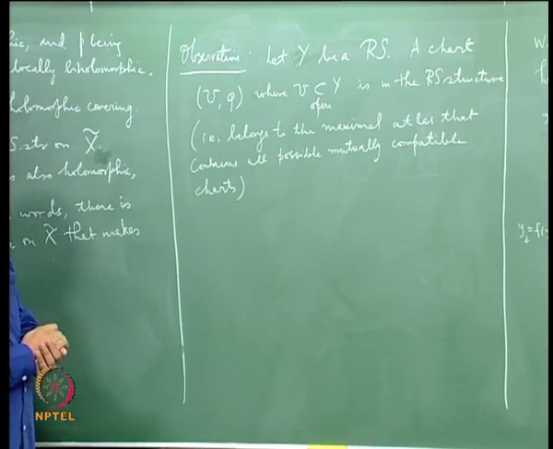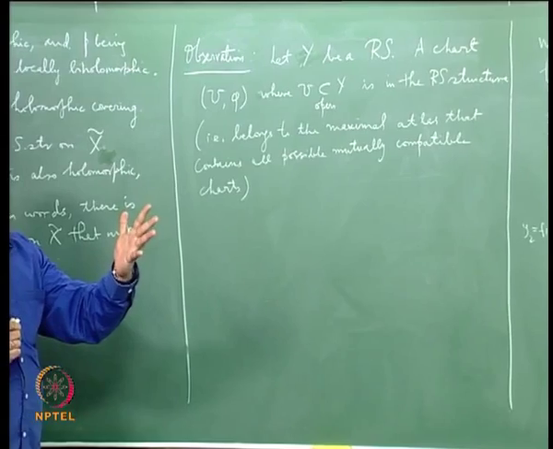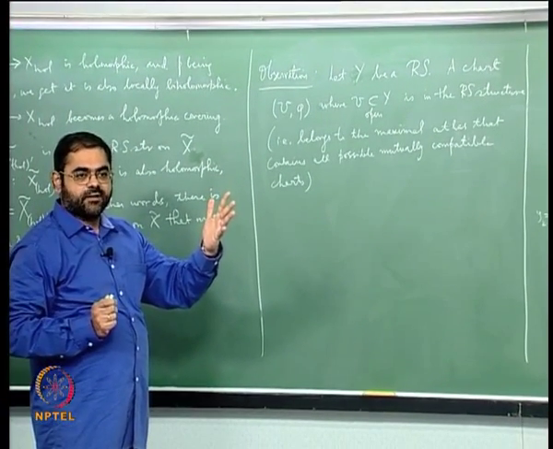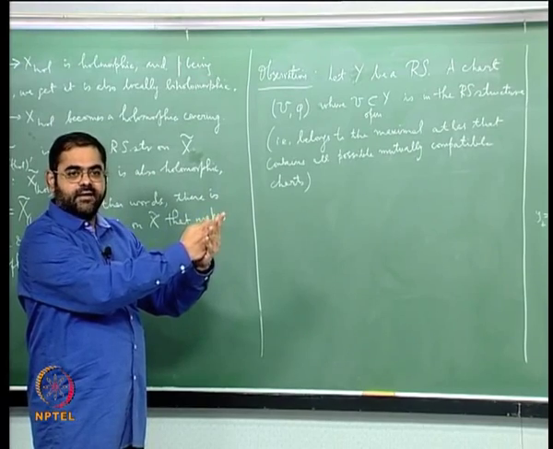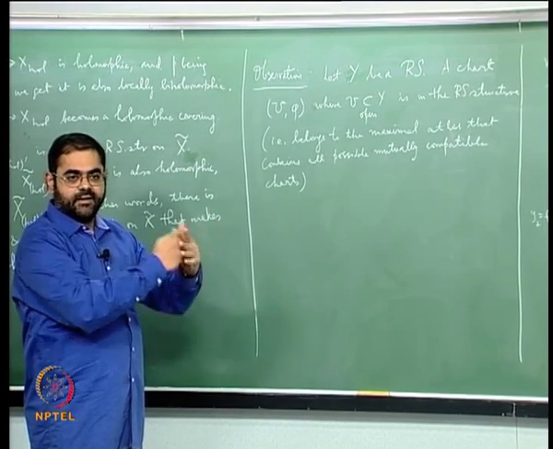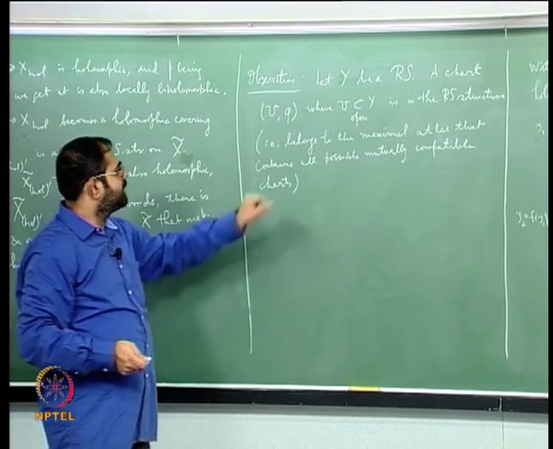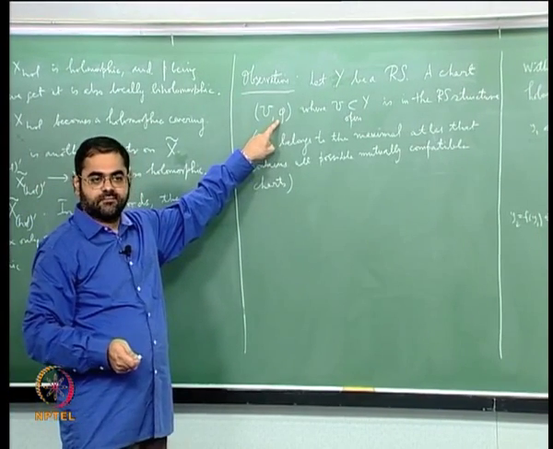So I have a Riemann surface and I have a chart. The question is, when is this chart in that Riemann surface? In that Riemann surface means in the maximal atlas defined by the Riemann surface, and I am saying the condition is just that phi has to be holomorphic.